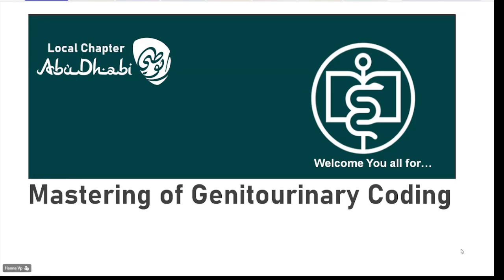This session is especially useful for medical coders, healthcare professionals, and students who want to strengthen their understanding of CPT coding guidelines. By the end of the session, you will have a clear idea about the structure and function of the genitourinary system, common procedures and services, important coding guidelines and tips. So let's start with mastering genitourinary coding.